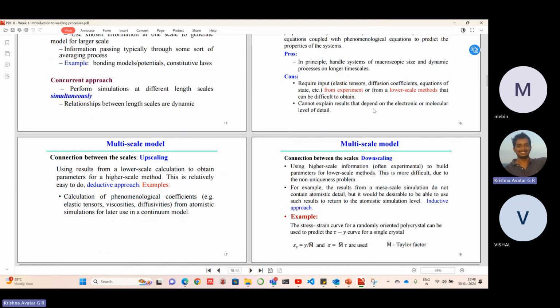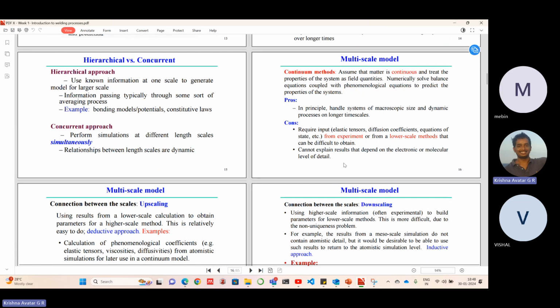And it does not explain phenomena which take place at a finer level of detail. Also, if a process happens to be very dynamic in nature, then this continuum method would not be able to give us the details of how the properties are evolving.